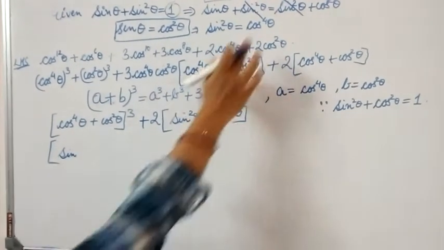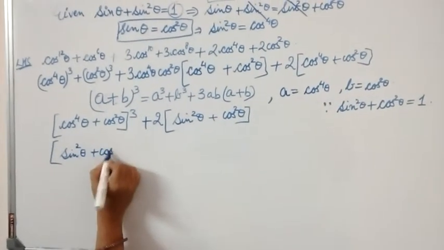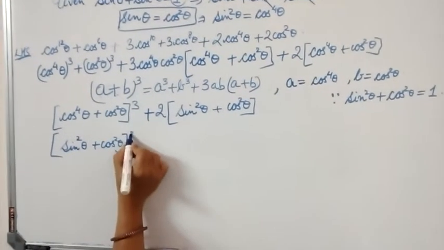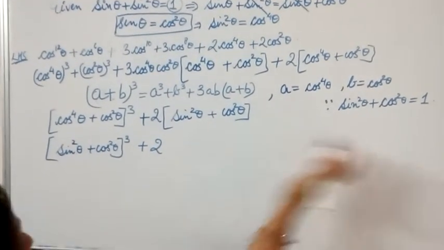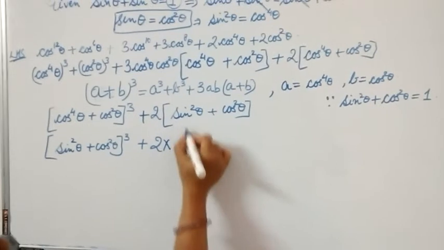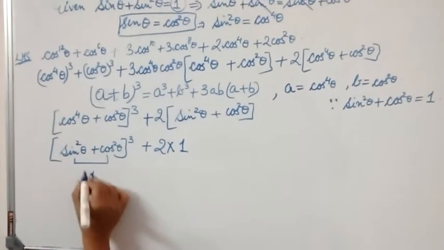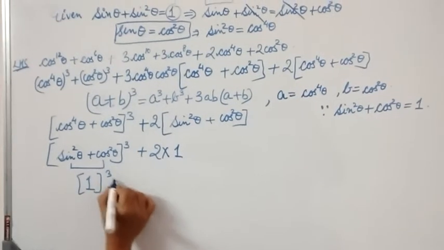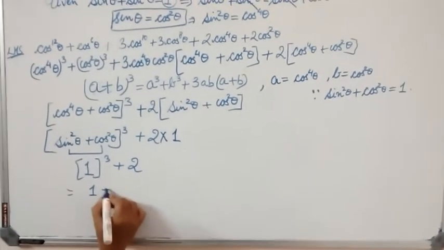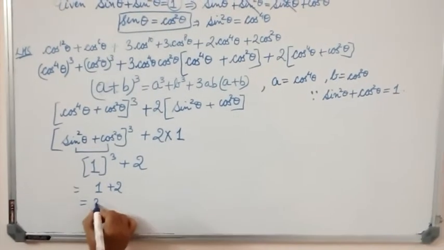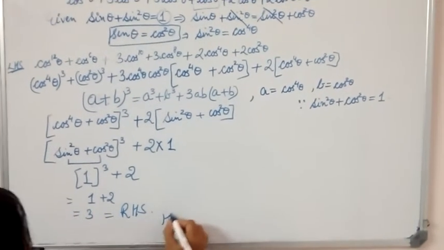I'm writing sine square theta plus cos square theta to the power 3 plus 2. This sine square theta plus cos square theta, we know the value is 1. So I can write it as 2 into 1. This is again equal to 1. So 1 cube plus 2 is equal to 1 cube is 1 only, plus 2 is equal to 3, which is equal to our right hand side. Hence proved.